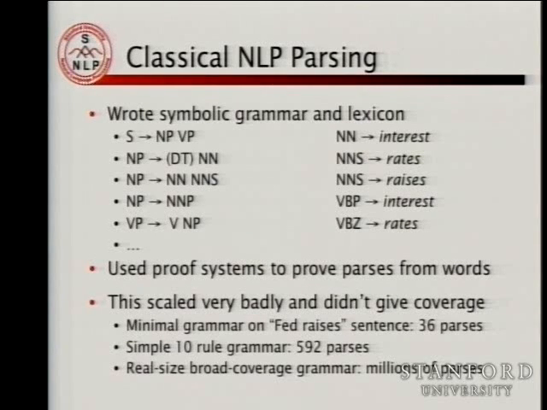I didn't actually put it up here, but if you remember from the first lecture, there was that sentence where I showed some parses of it: if Fed raises interest rates 0.5% in order to, what was it, lessen inflation or something like that. If you write the smallest grammar that you can that will produce the parses that I showed for that sentence, it actually produces 36 parses for that sentence, which already seems a frightening number.